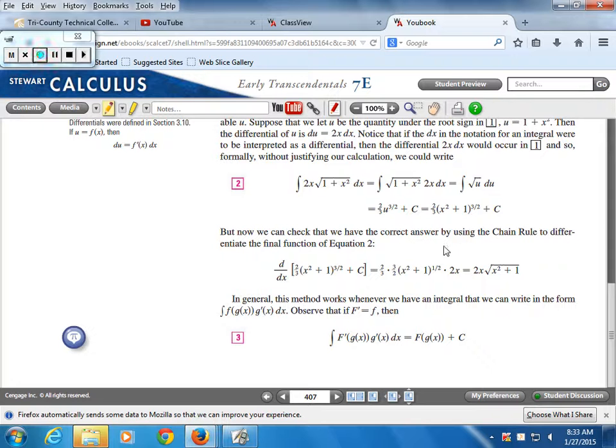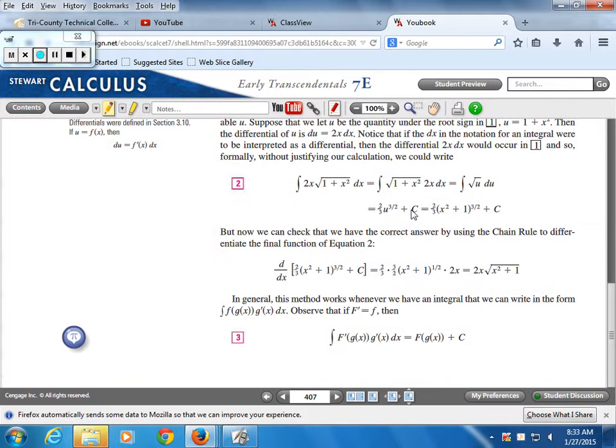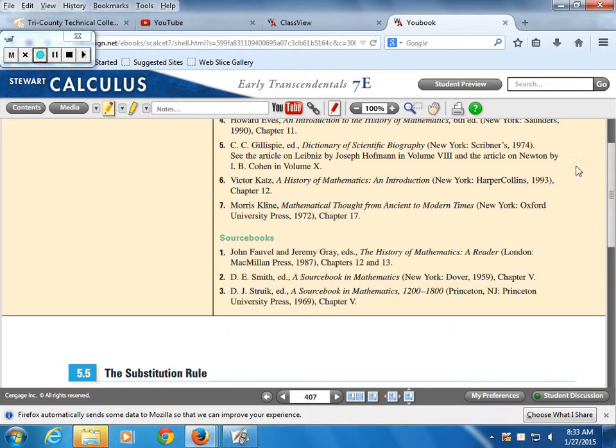Alright. So let's try another one. Capiche? Let's try one that I've already pulled out of another book.